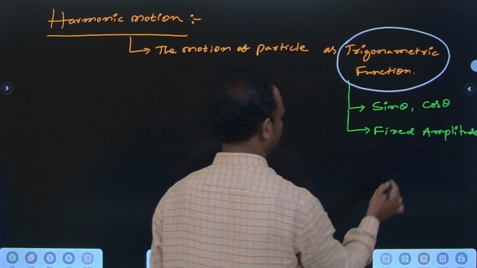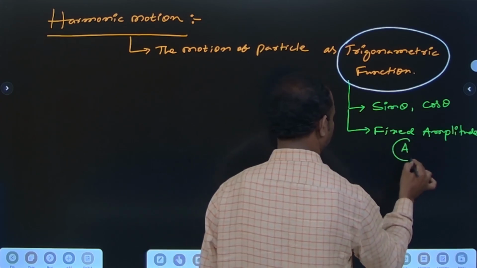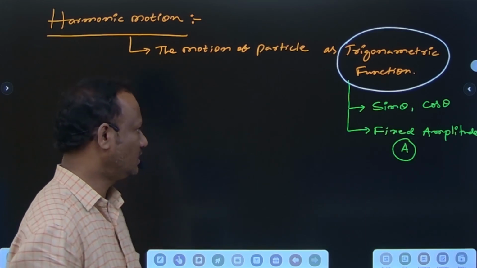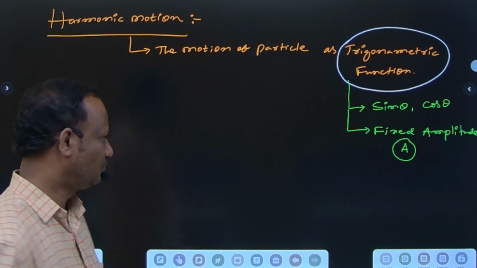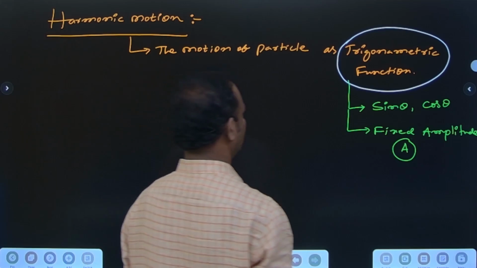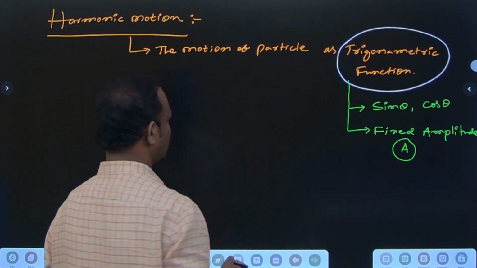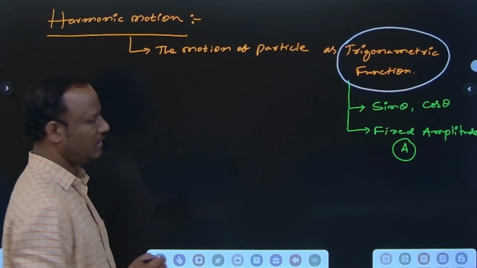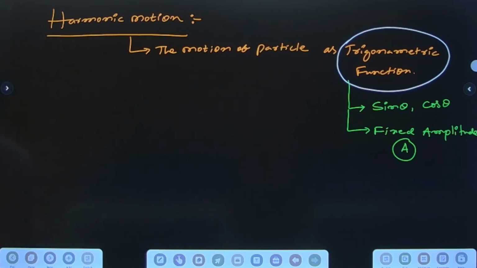The amplitude is A, which is the maximum displacement from the mean position. That should be fixed. This can be expressed as a harmonic function. It is harmonic motion.